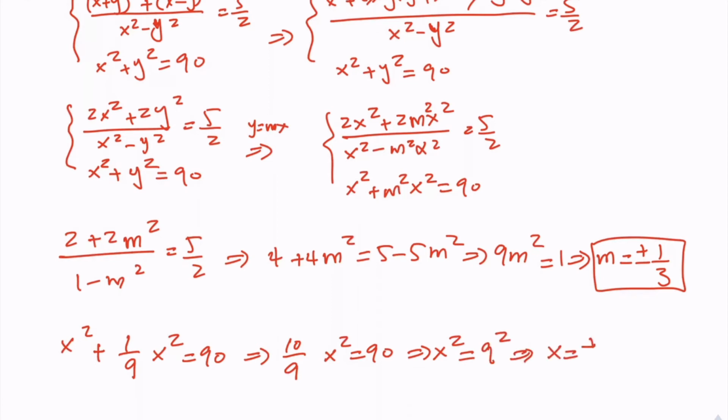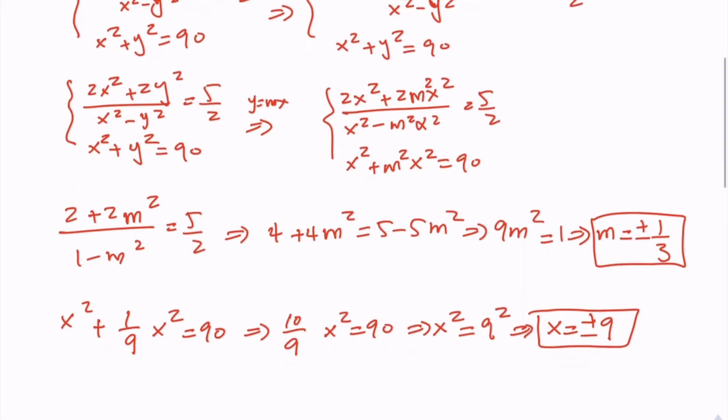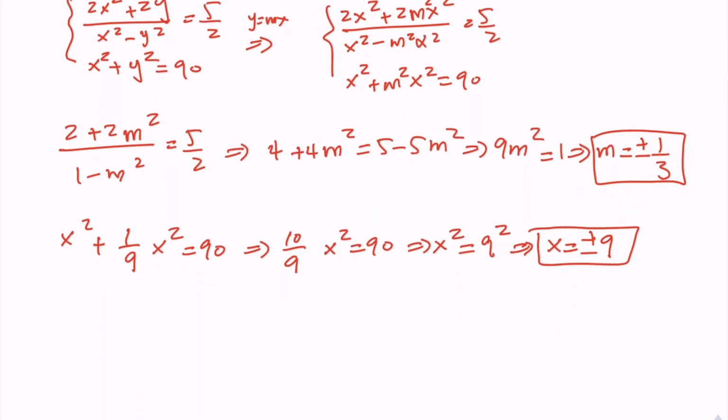Therefore x will be plus or minus 9. And if x is plus 9, then y, which is m times x, can be plus or minus 3. And if x is minus 9, then y can be plus or minus 3 again.